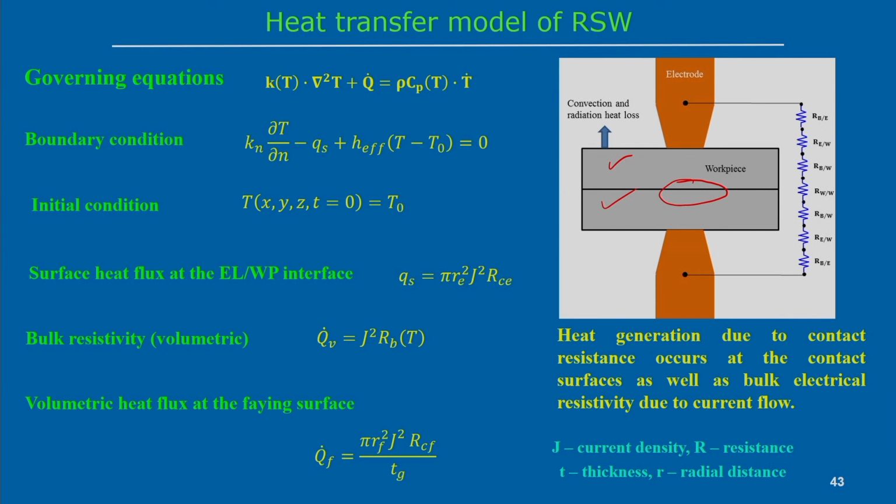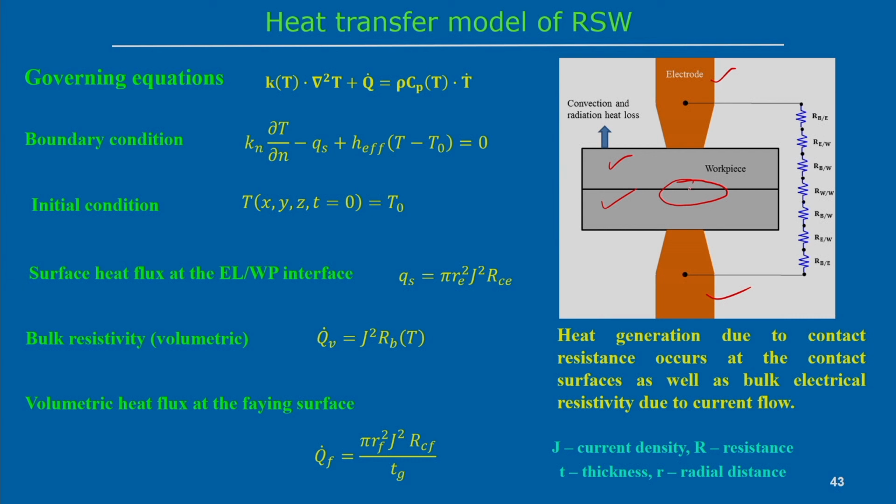To do that, there are many things involved, because in this case the contact resistance is very important, as well as the bulk resistivity of the particular material. If we look into the actual process, we join these two sheets using electrodes. We know the principle of resistance spot welding. Under the electrode the two workpieces are held, and there is a flow of current for a very small period of time, with some electrode force required to hold the workpieces.